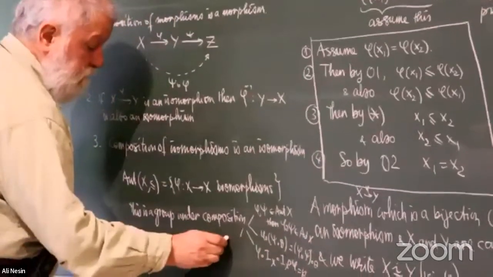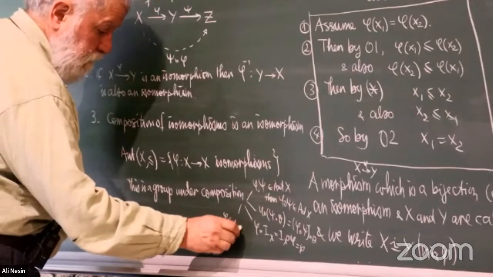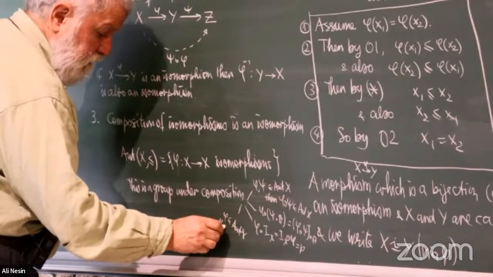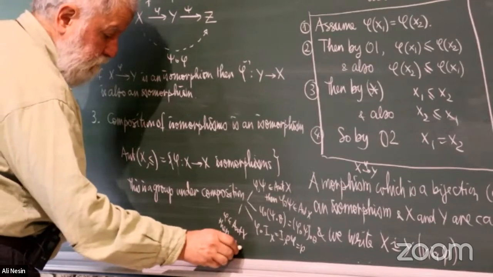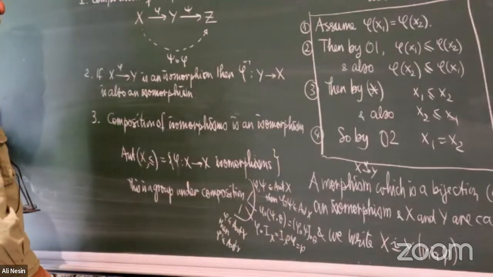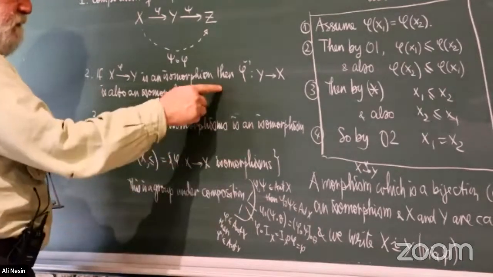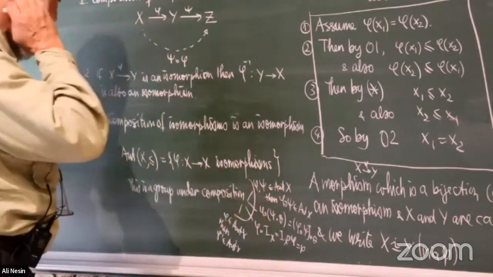And finally, phi inverse is also there. If phi is an automorphism, then phi inverse is also an automorphism. This is what it means. This is clear by this. The other ones are trivial. So it's a group.